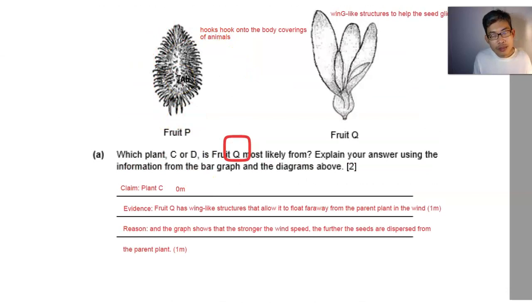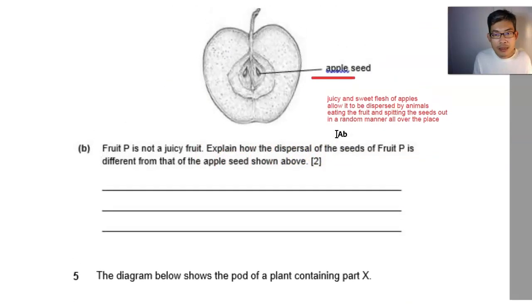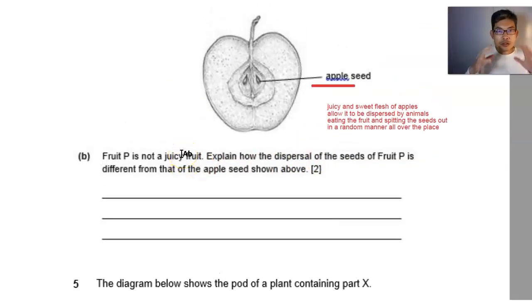So for such questions, the evidence from the pictures is very important. How are the seeds of fruit P different? Different means I must show a comparison. So we must talk both about seeds of fruit P as well as the apple fruit.